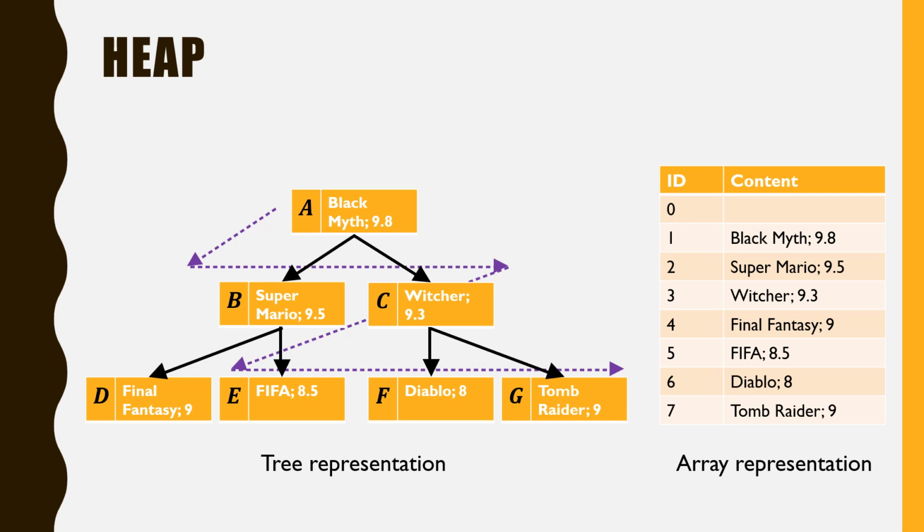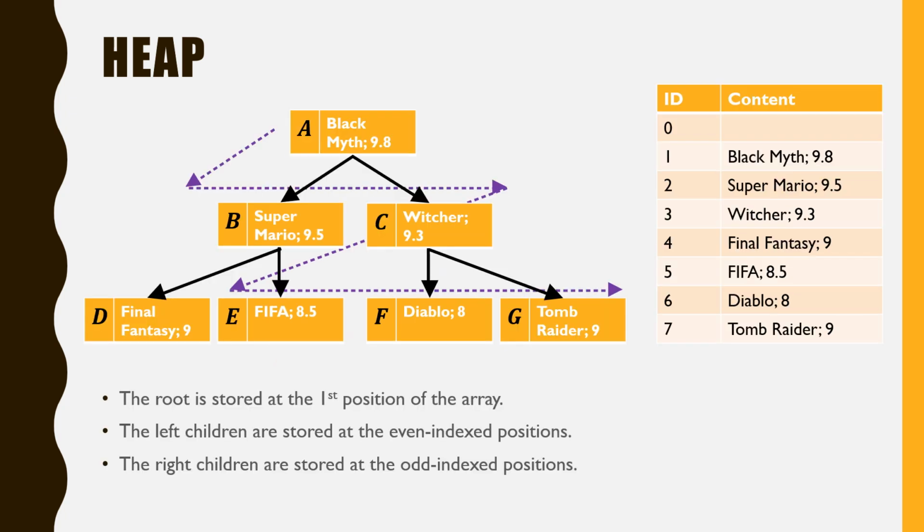Beginning storing the data elements at the first position of the array makes the mapping between the tree nodes and their indexes easier, which we will see in a minute. In this implementation, the root of the heap is stored at the first position of the array. The left children of each node are stored at the even indexed positions of the array, while the right children are stored at the odd indexed positions.